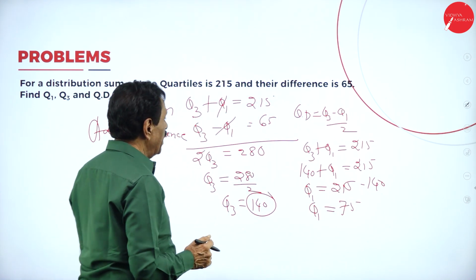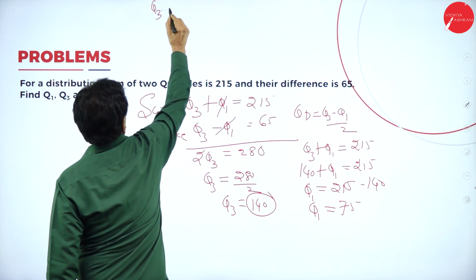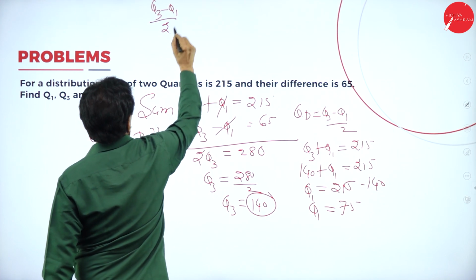So what's your formula? Quartile deviation is equal to Q3 minus Q1 divided by 2.